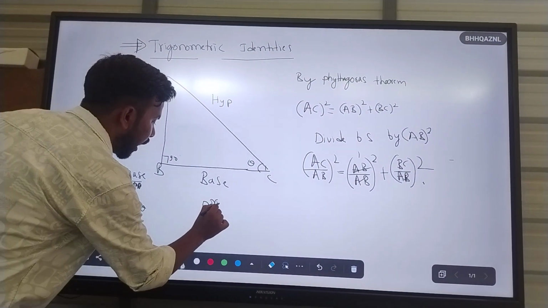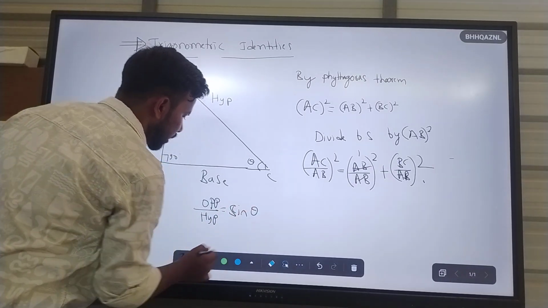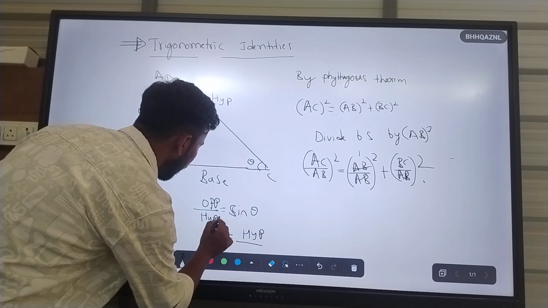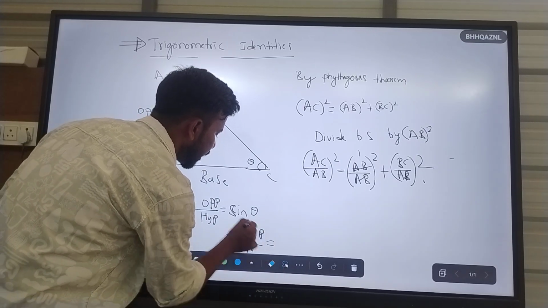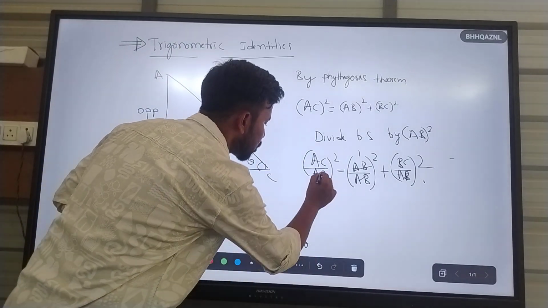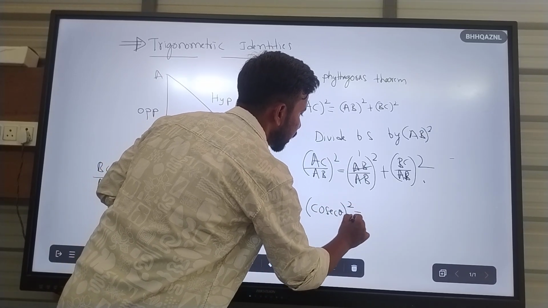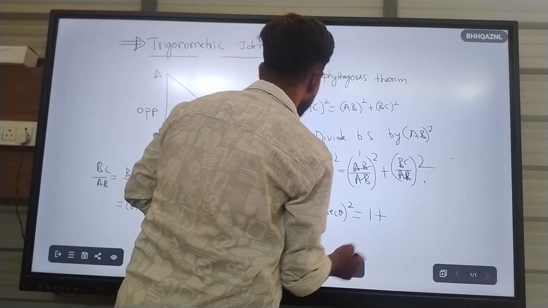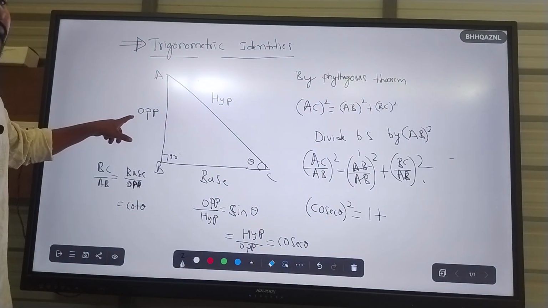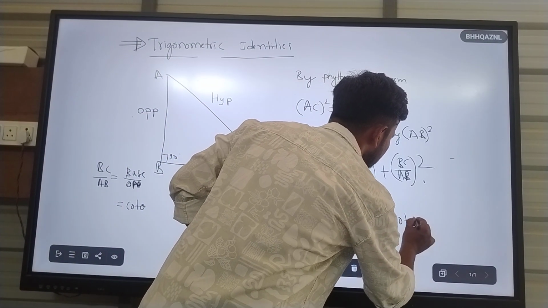Opposite by hypotenuse is sin theta, and its reciprocal is cosecant theta. So it is cosecant theta whole square, equals 1 plus BC by AB, base by opposite, cot theta whole square.